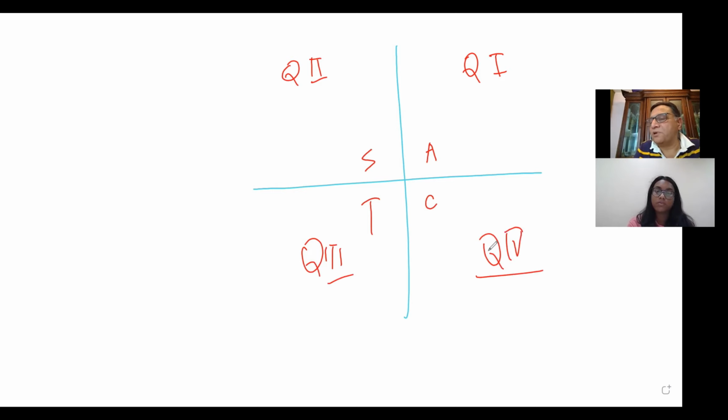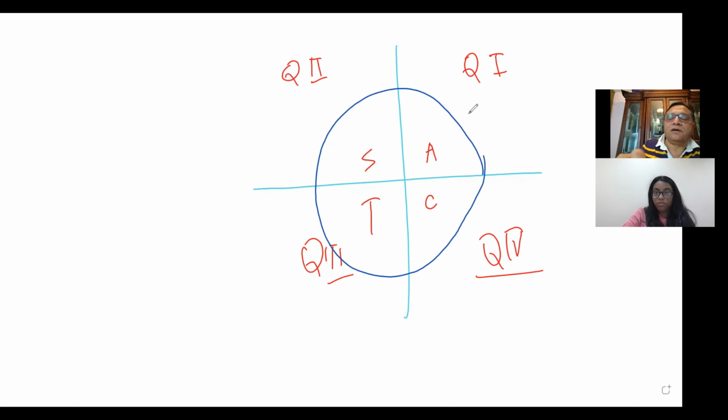So when you are talking about a sine wave, we are trying to move a point on a unit circle, correct? And if I have a point on a unit circle, let's say this is my point, x, y.